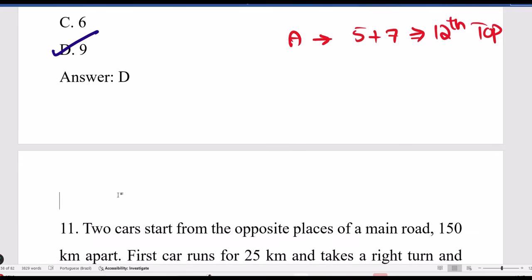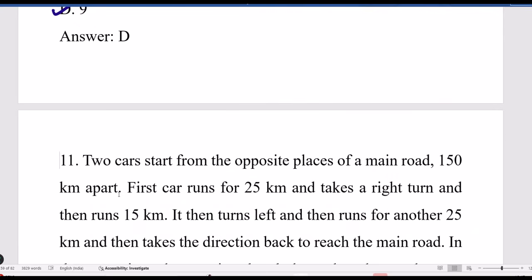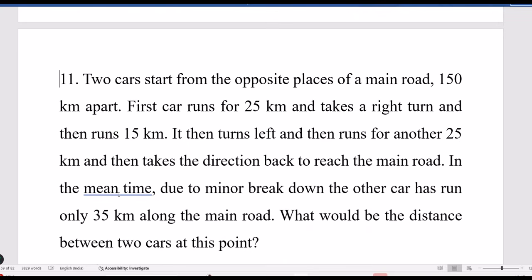Next, yeah, we have 5 more questions, then we'll stop the discussion. This is almost like directions. 2 cars from the opposite places, 150 kilometer. First car runs 25 kilometers and takes a right turn 15, then turns left 25 and then takes back to reach the main road.